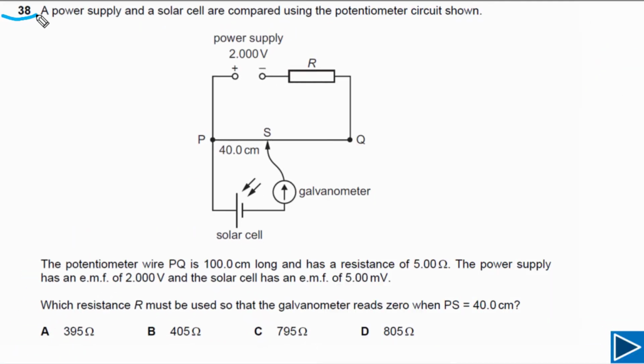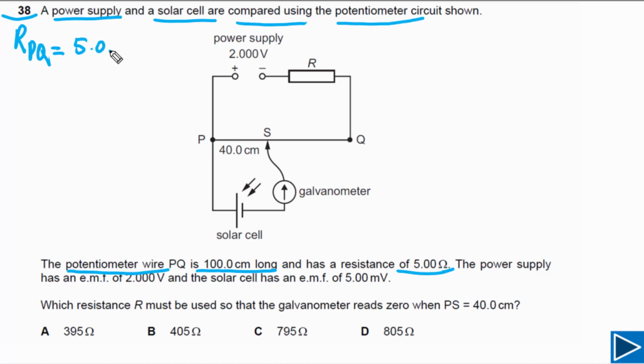For question number 38, it is given to us a power supply and a solar cell are compared using the potentiometer circuit as shown in this figure. For this circuit, it is given to us the potentiometer wire PQ is 100 centimeters long and the resistance of the wire is 5 ohms. So simply we can write down here first of all, resistance of wire PQ is equal to 5.0 ohms.